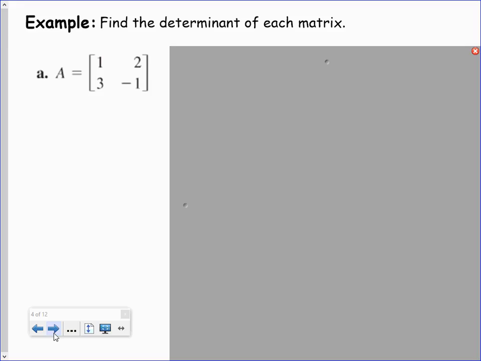Let's look at an example then. Find the determinant of the matrix. What did you get for the determinant of A?